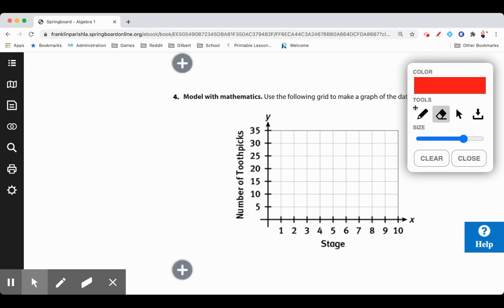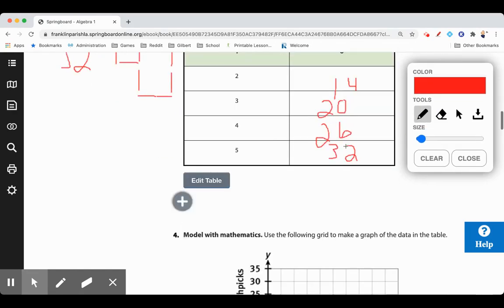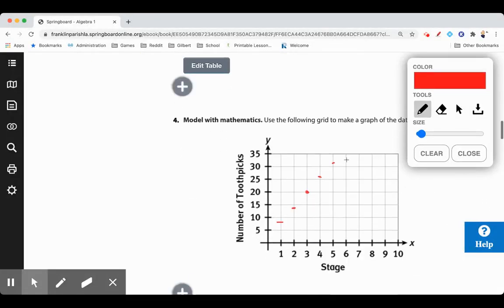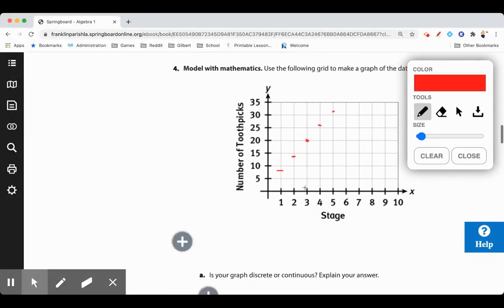I have such a bad memory, which is why it's good to look back at your answers. 1, 8, 2, 14, 3, 20, 4, 26, 5, 32, and then 6. Oh, we didn't go to 6, but that's how that would be.